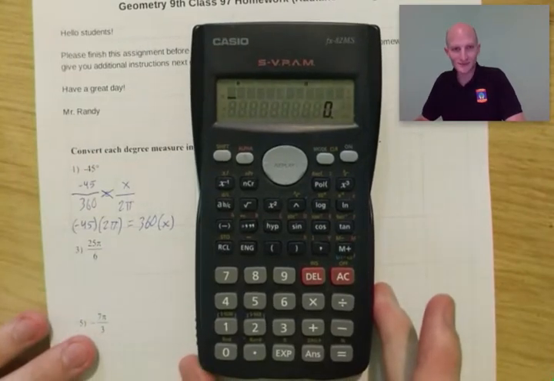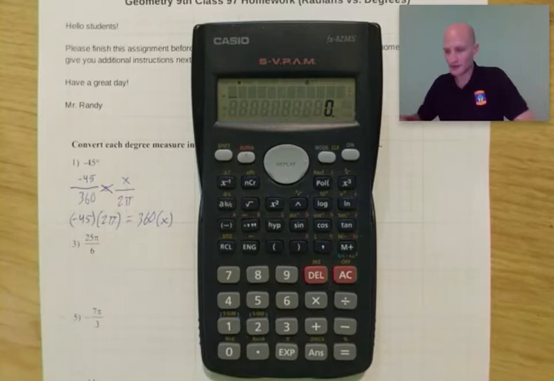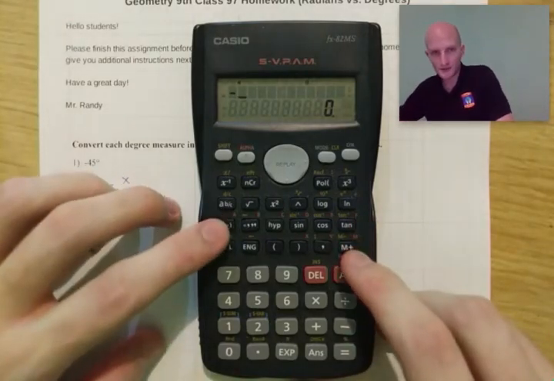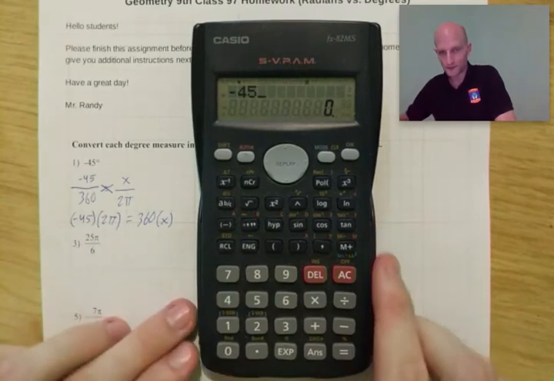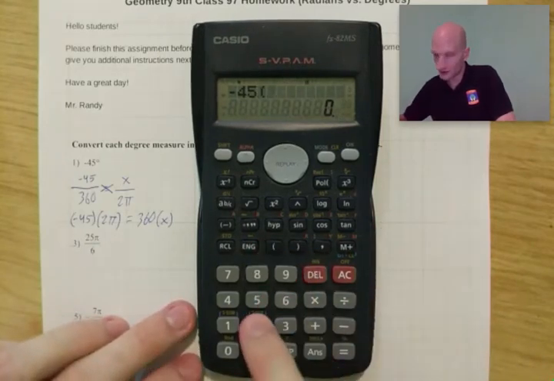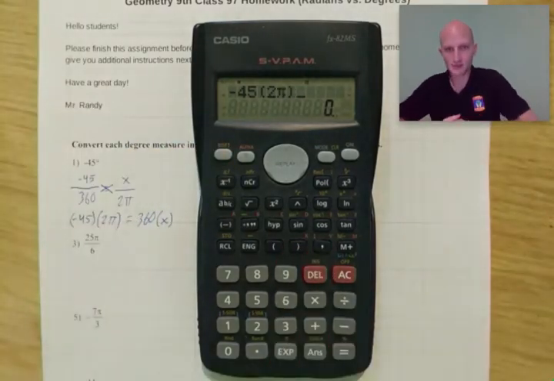Nice. Okay. So we want to get the x alone. So watch how I do this. We're going to say negative 45 times 2, just in parentheses, and then pi, close the parentheses.